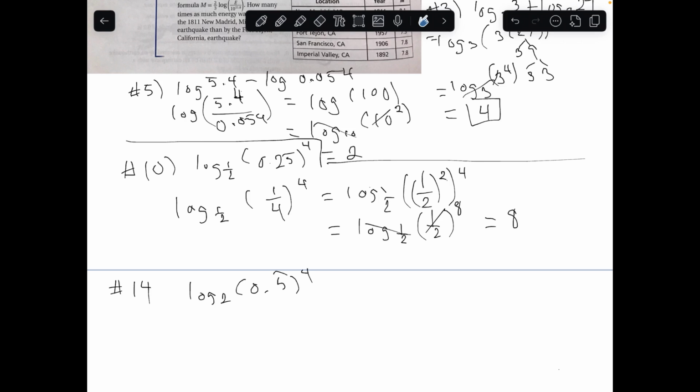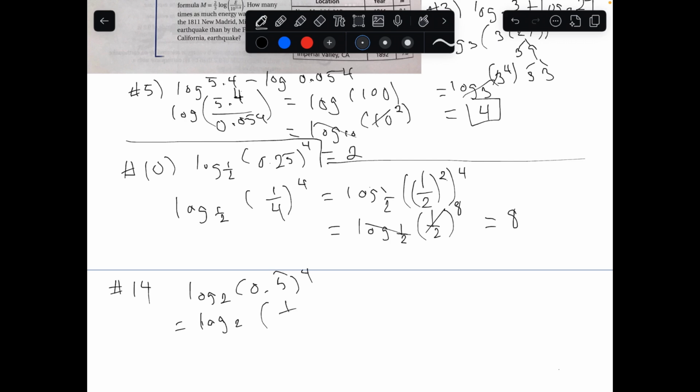Now, let me rewrite this. Log base 2, and then if I write 1/2 for 0.5, automatically you can see there's a 2 here, a 2 there. The only way I can make that 1/2 into a 2 is 2 to the negative 1. So let me do that.